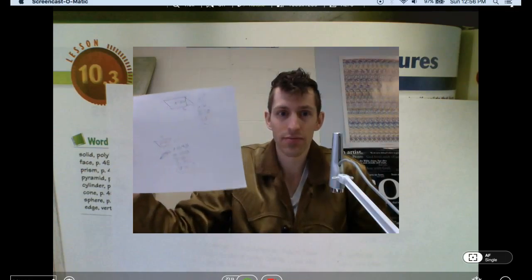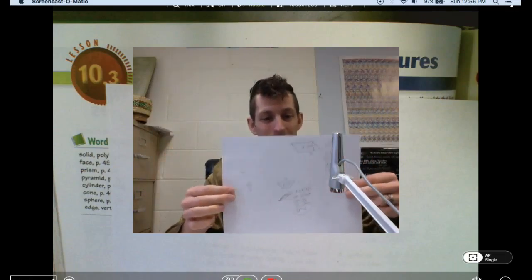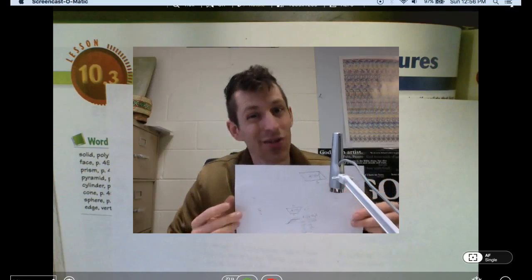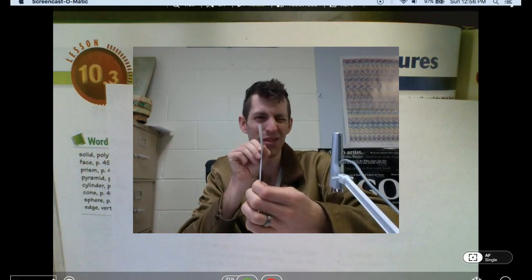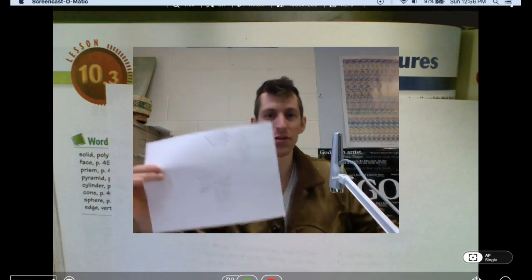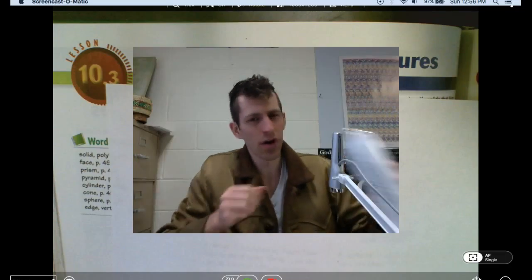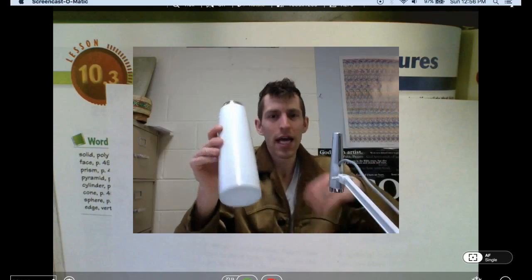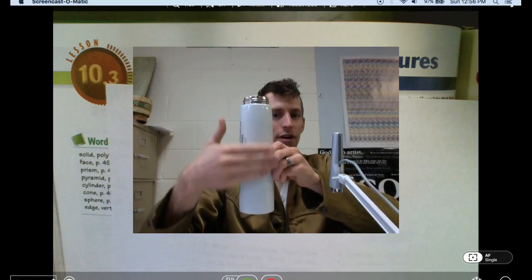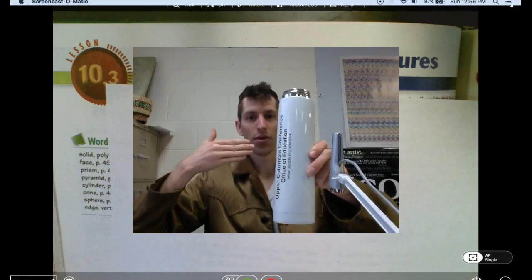Here's a rectangle, right? It's two-dimensional. It's flat. Now if you want to get really technical, it's actually three-dimensional because it does have width, a super tiny width, but in general, this is just a shape. It's flat. But this water bottle here is a three-dimensional object. It not only has an area, a shape, it has depth.